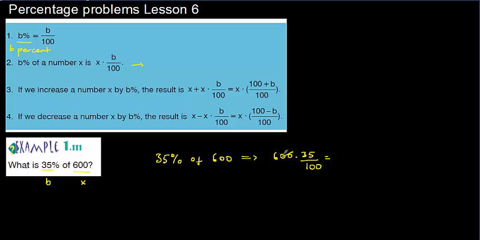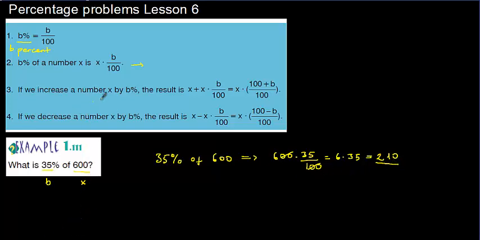We may simplify these zeros, and it will be 6 times 35, which is equal to 210. So 35% of 600 is equal to 210.